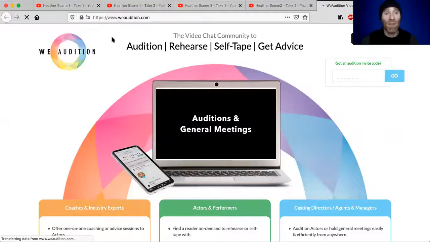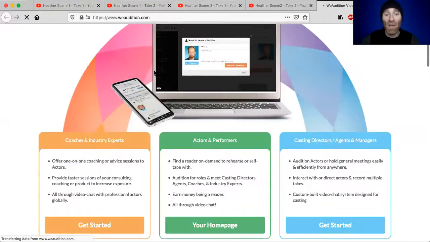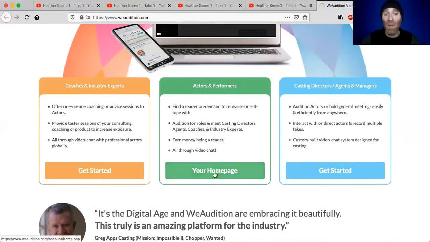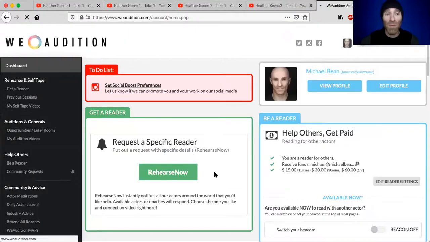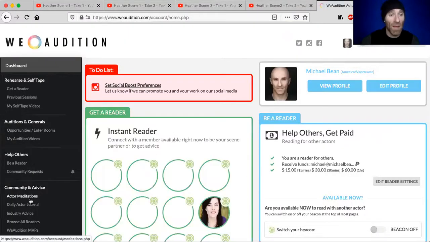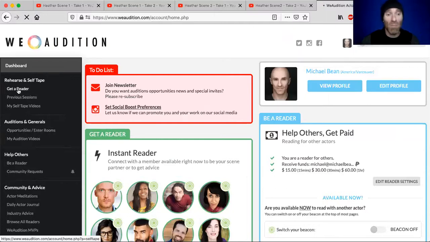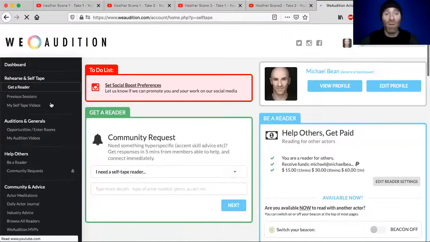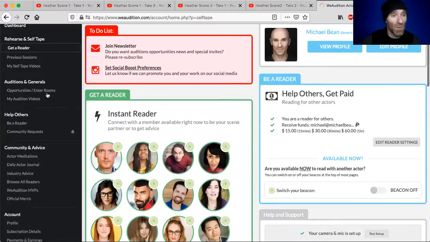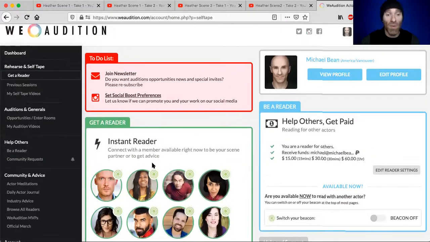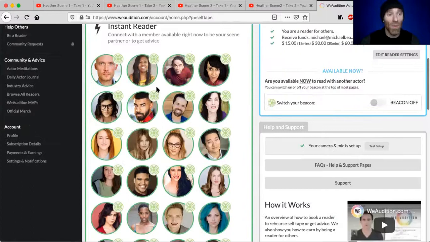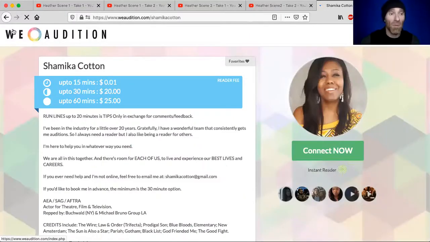So that's this website right here. If you are an actor and have a membership, which I do, then you can go on here and browse all of the readers who are currently available. All of these folks are currently online, and I can click on any one of them and be like, okay, interesting, what's her rate? Up to 30 minutes, et cetera.